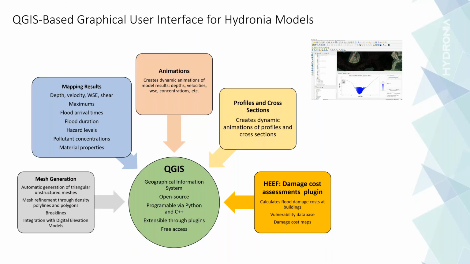The graphical user interface is based on the QGIS open source system, and it has mesh generation features that allow very flexible meshes to be generated and adapted to any geometry. It has tools for mapping the results in many forms, for animation of the results, and for profiles and cross sections.